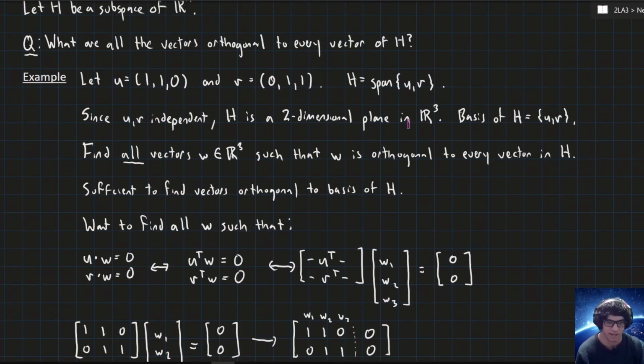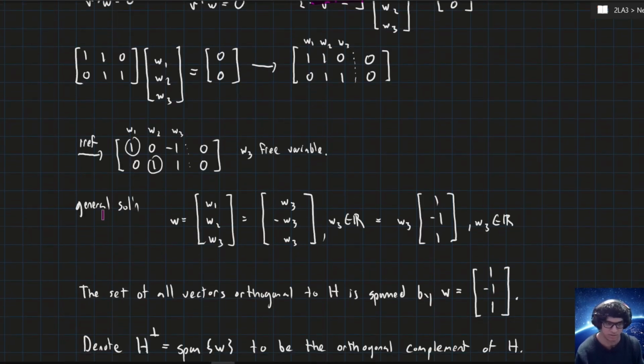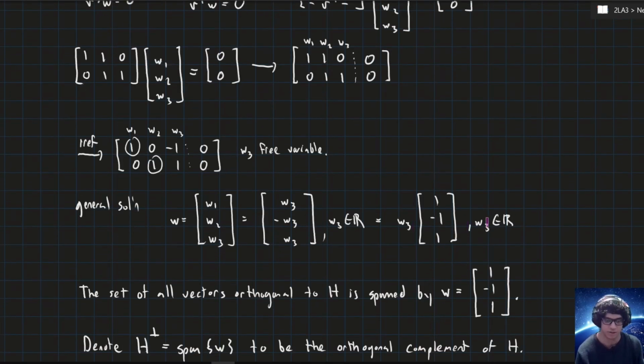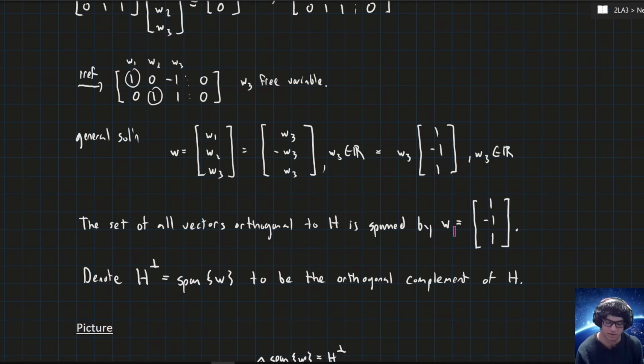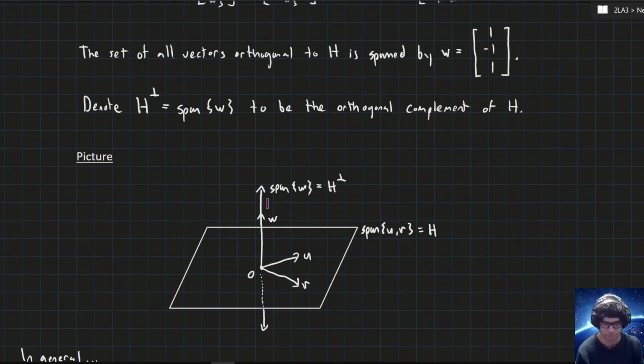We had our H and we had its basis U, V. So we formed our A matrix by putting its basis as rows and then computing the general solution. And we got a spanning vector for the general solution. In other words, the basis of the null space of this matrix, and that vector spanned H perpendicular.